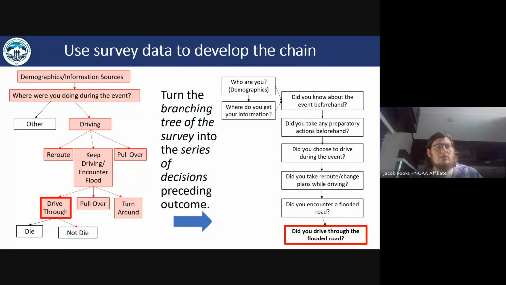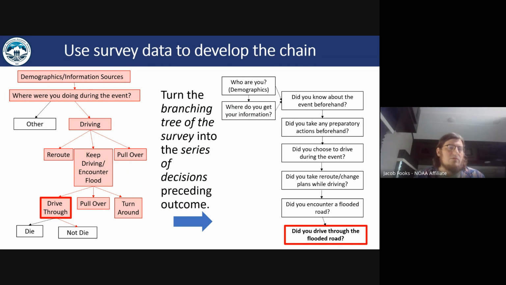All right. So let's think about what we have and what we're trying to do here. We have this data from the CIRA survey. It's this kind of complicated branching thing where we have a number of questions about what happened, what did you do, and then based on that, you get more questions about what happened next. There's a number of ways we could have attacked that, but the way we ended up structuring it here was to follow the chain of decisions down to the outcome that matters.